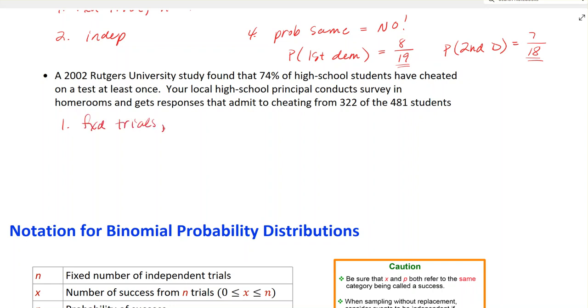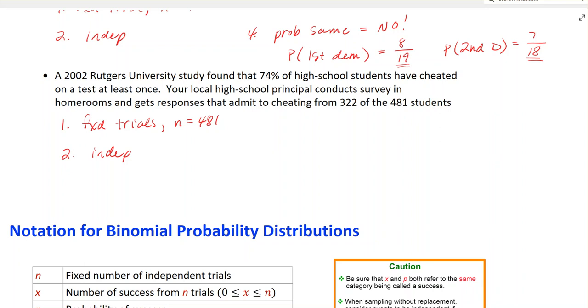And you can look here and see, yes, the trials would be 481 students, or the sample size ends up being 481 students. Are they independent? Yes, the probability of one student cheating does not impact the probability of another student cheating, in theory.